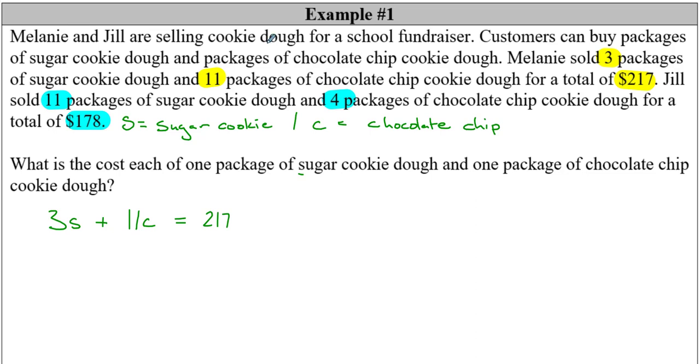So if you haven't seen it already, we are going to model it just like we did the first one. We have 11 of sugar cookie and 4 packs of chocolate chip, and we are selling this for $178 total.